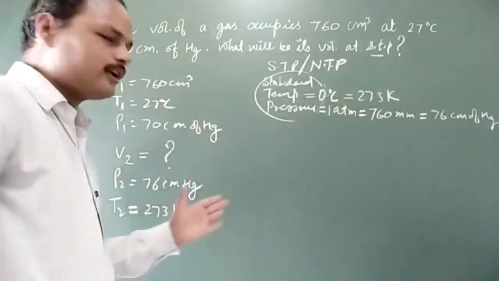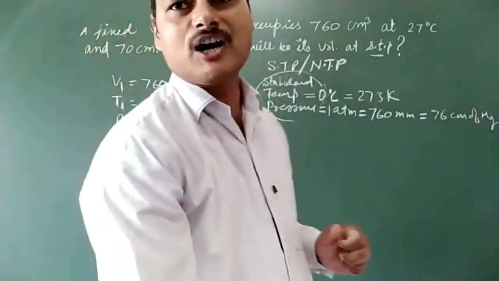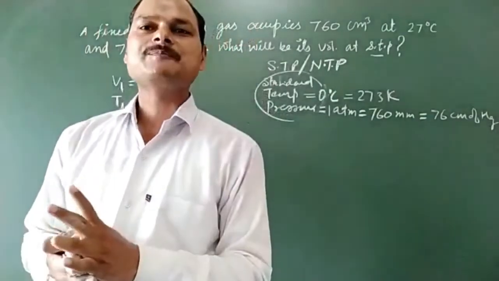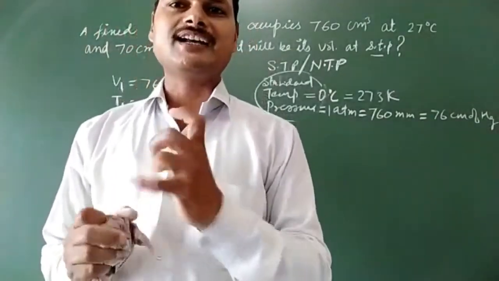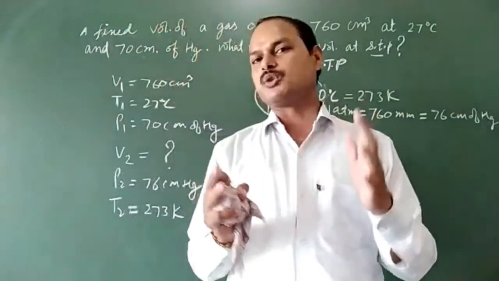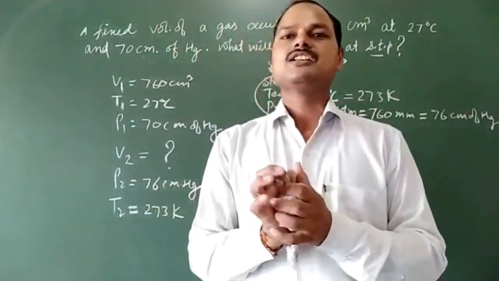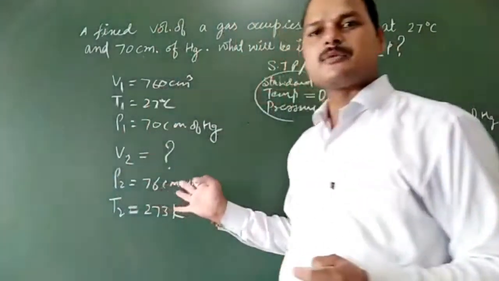Now out of 6 values, 5 values are known and 1 value is unknown. And there are different types of equations, laws or formulas given in the study of gas laws concept. Here 6 terms are involved.